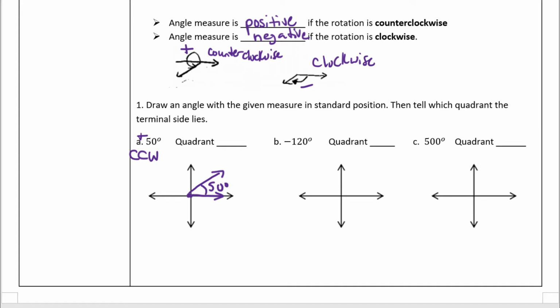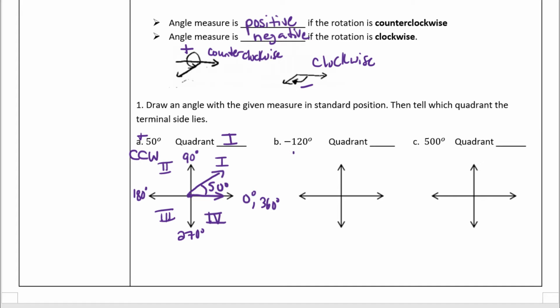Remember that this is the 0 degree line, this is 90 degrees, this is 180 degrees, and this is 270, and if you go back one circle, that's 360 degrees. One full rotation is 360 degrees, and 50 degrees is less than 90. Therefore we are in quadrant 1. Remember this is quadrant 1, 2, 3, and 4. So right now we are located in quadrant 1.